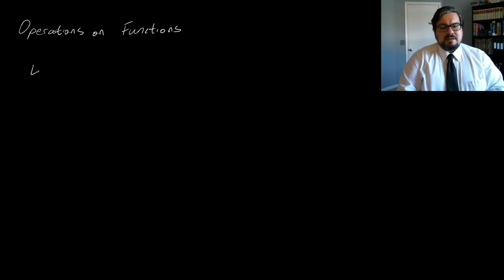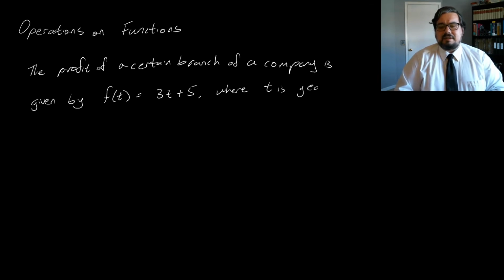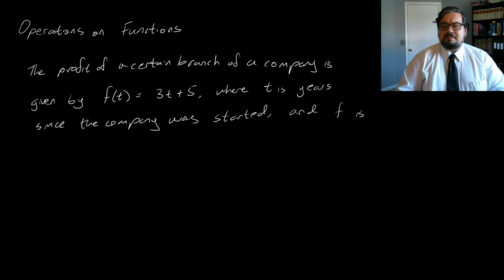So let's say that the profit of a certain branch of a company is given by f of t equals 3t plus 5, where t is years since the company was started, and f is measured in millions of dollars.